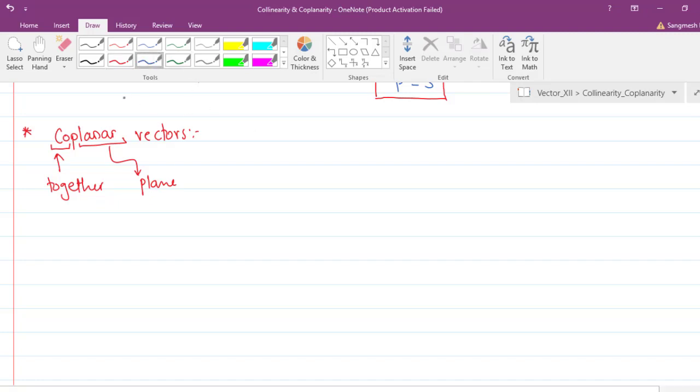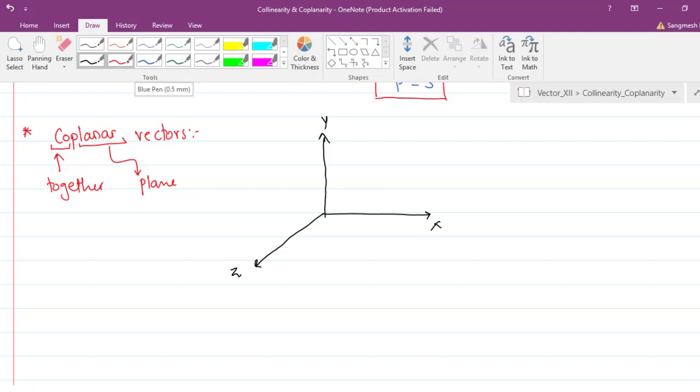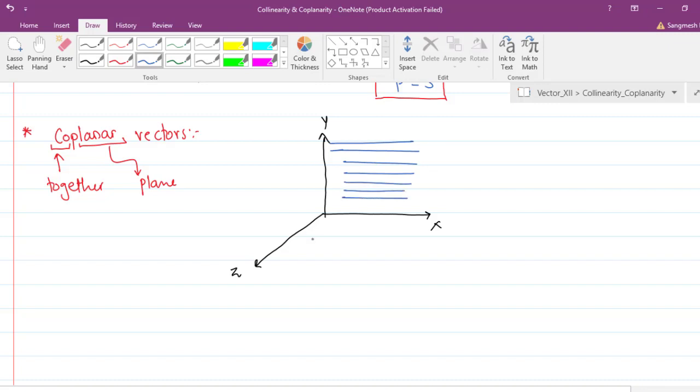See here, with the help of a diagram it will be very much clear. X axis, y axis and z axis. So let's have these three planes here. This is the xy plane, this is the xz plane, and this is the yz plane.